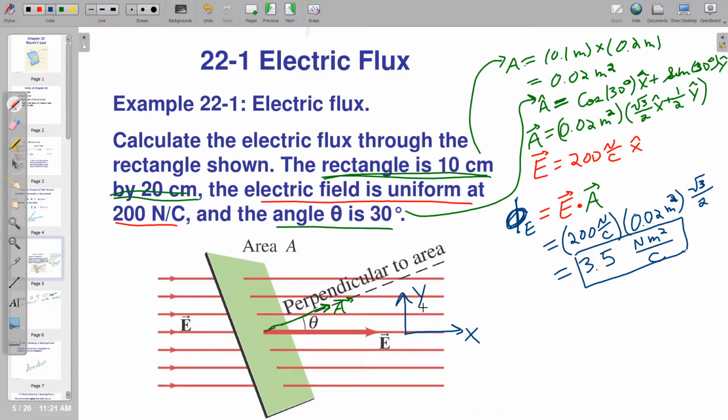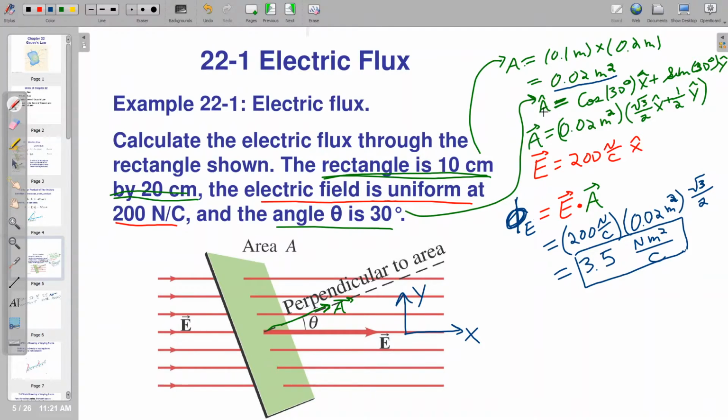The area is angled at a 30-degree angle to the electric field E. Okay, so I've already gone through the calculation here, but it's 10 by 20, so that means the area is 0.02 meters squared, multiplying those two together.